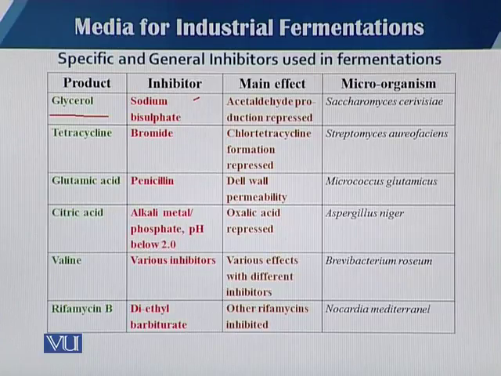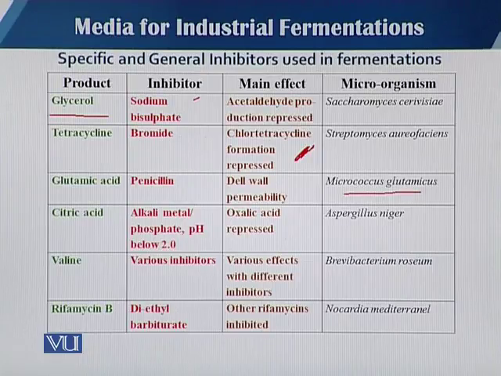In case of tetracycline, bromide is the inhibitor, and you can see its function, in Streptomyces. When we are dealing with glutamic acid, penicillin is the inhibitor, which basically deals with wall permeability, and the organism is Micrococcus glutamicus.